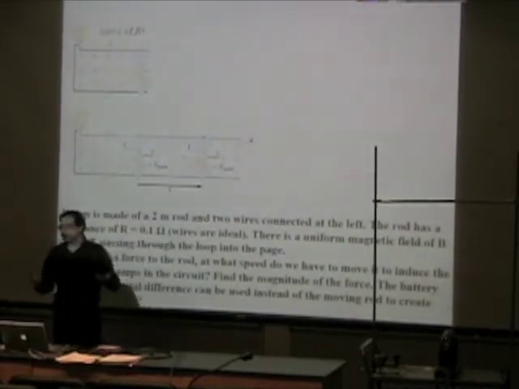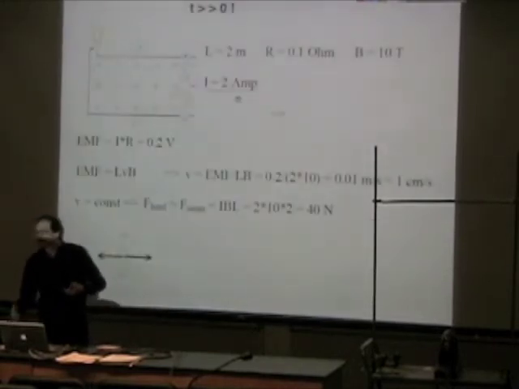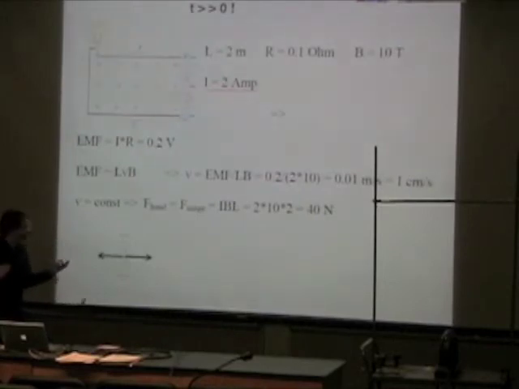So when terminal velocity is reached, the net force is 0, and that means the two forces have the same magnitude. And if we know those magnitudes, well, we know everything. For example, in this problem, we know the length of the rod, we know the resistance of the whole circuit, the magnetic field, and we know that eventually when terminal velocity is reached, the current in the circuit is 2 amps.